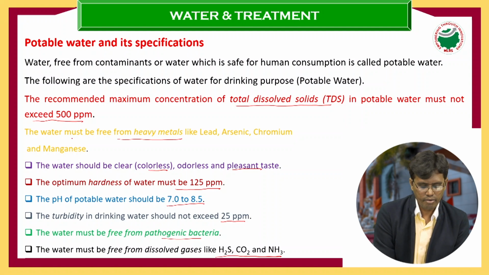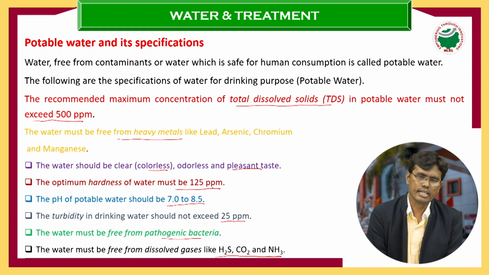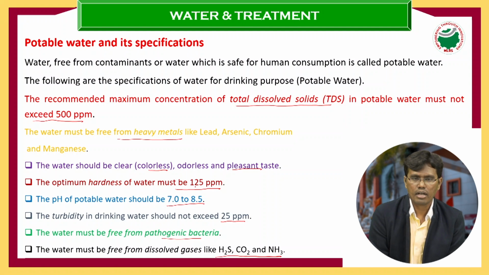Next, the water must be free from heavy metals like lead, arsenic, antimony, chromium, manganese, etc. The water should be clear, colorless, odorless, tasteless, and pleasant. The hardness of water must be an optimum 125 ppm. The pH should be between 7 and 8.5.